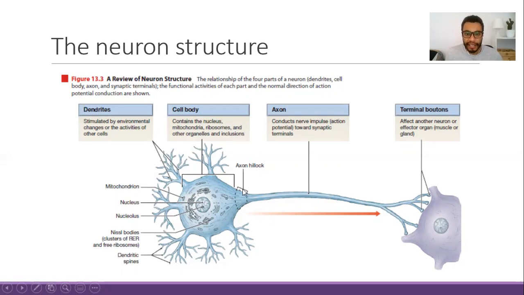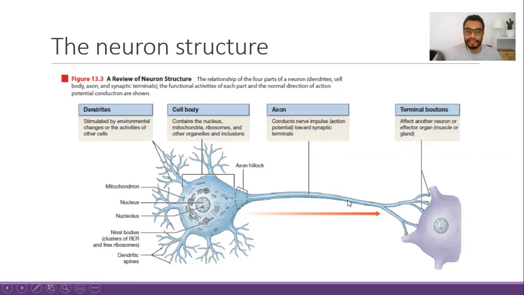The neuron has this structure. It is basically composed of a cell body, which contains the nucleus and the main organelles of the cell. It has dendrites, the projections here that are stimulated by environmental changes or electrical impulses from other cells. Then we have this long arm here, which is called the axon.